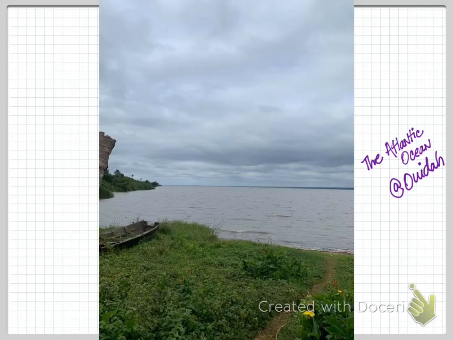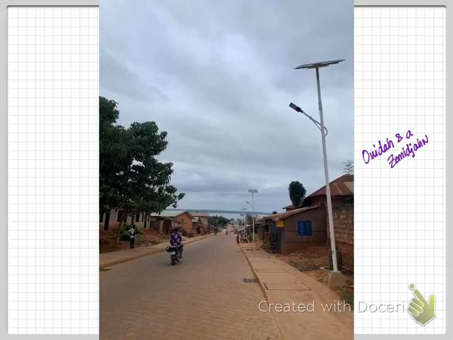As you can see, it is not a sandy beach. This is Ouidah, and in the middle of the picture, you see this guy carrying a grass mat on the back of his little moped, and that little moped ordinarily carries 1 to 2 people behind the driver.